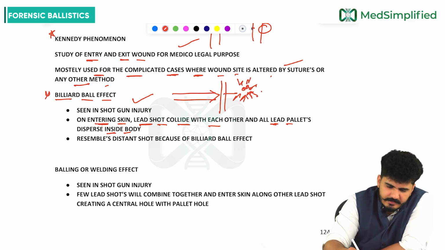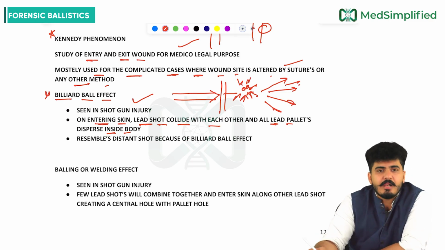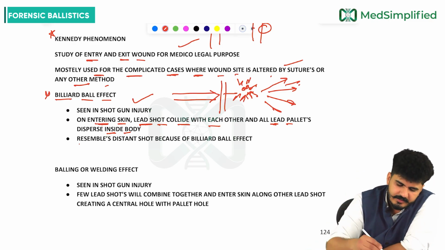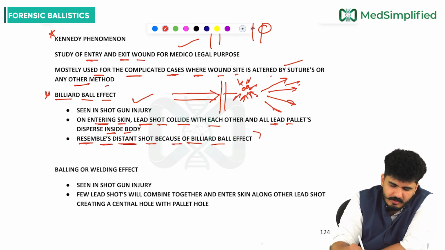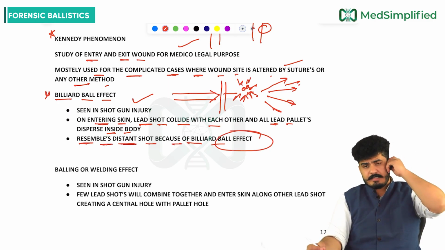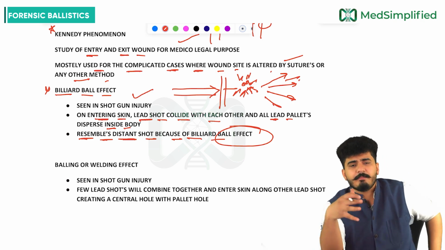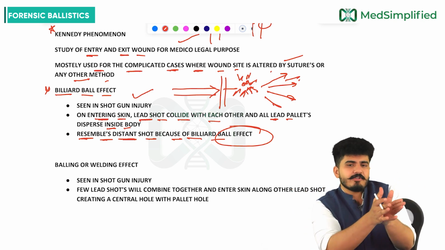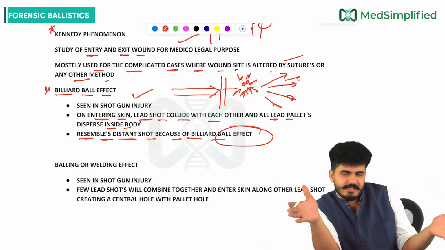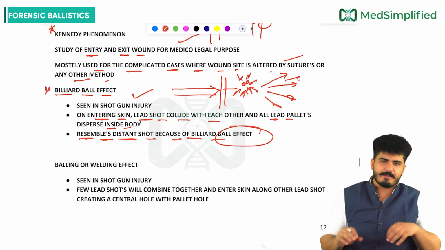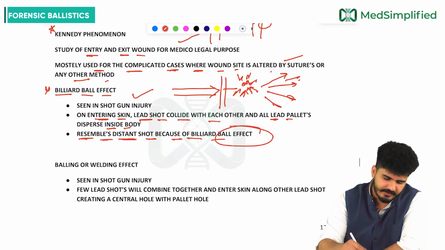On collision, there is a force which makes them spread throughout the body. This is the Billiard ball effect. It resembles a distance shot because in a distance shot there is complete dispersion happening, and here also the same thing is happening because of this effect.